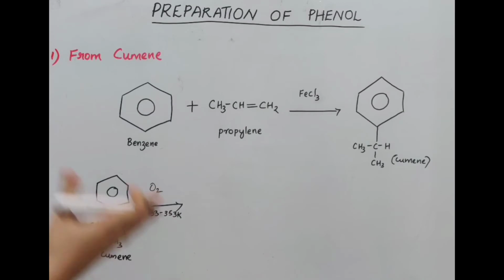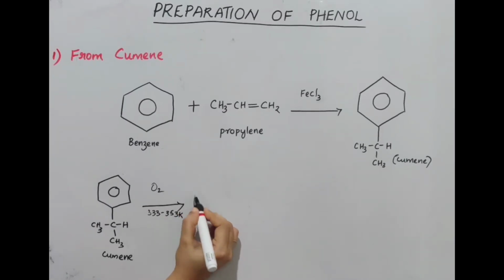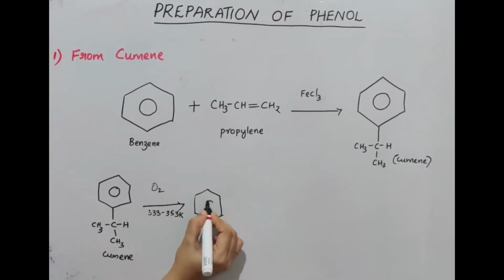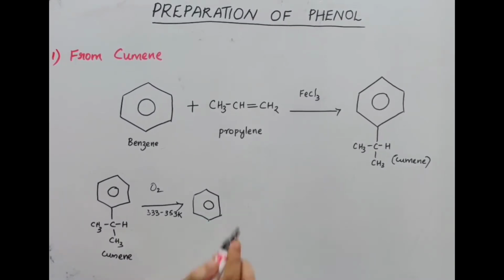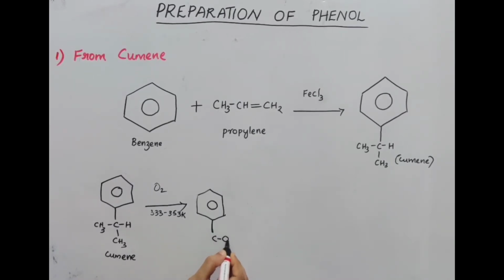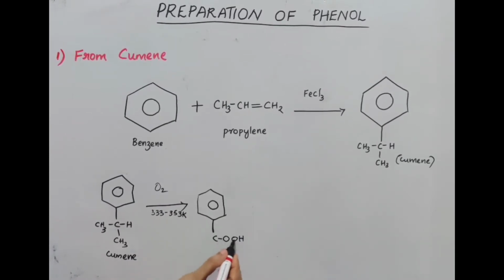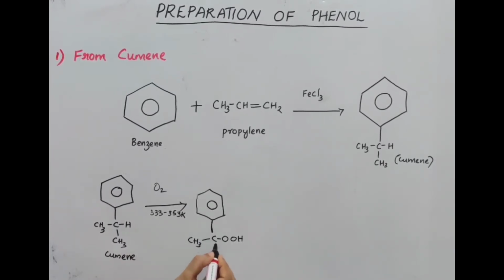This is the oxidation of cumene. OOH represents the peroxide group, with CH3 and CH3 here. This is cumene hydroperoxide.